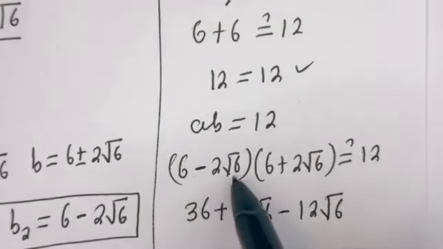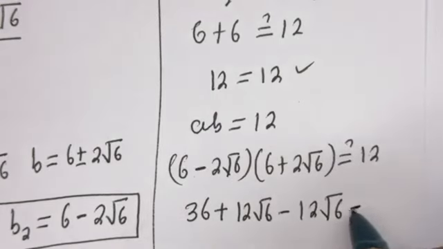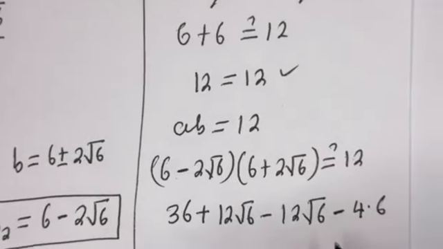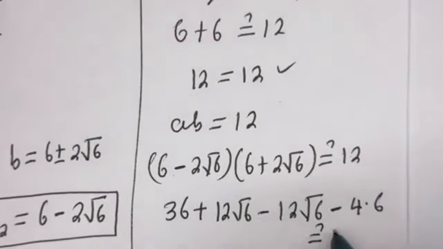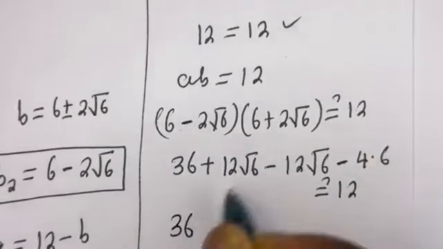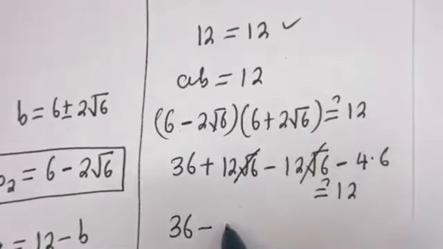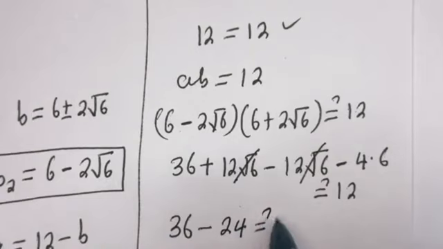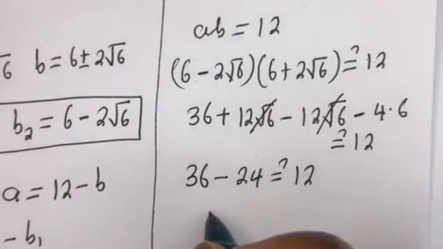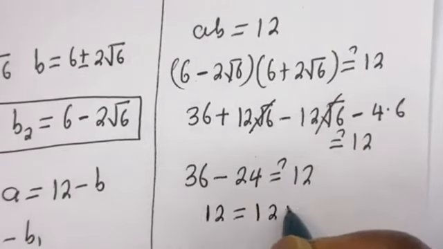Then minus 2 root 6 multiplied by plus 2 root 6, this will be minus 4 multiplied by 6. Everything must be equal to 12. Here we have 36. This will cancel this. Minus 4 times 6, that is 24, must be equal to 12. Let's see now. 36 minus 24, this is 12, is equal to 12, which is true.